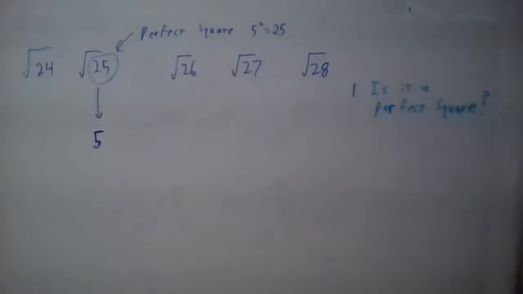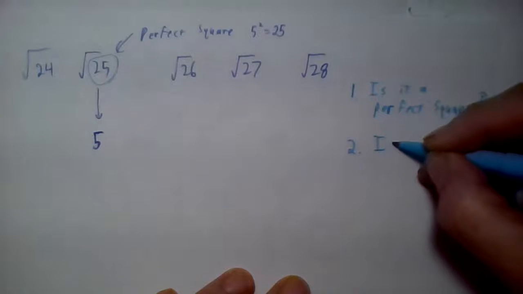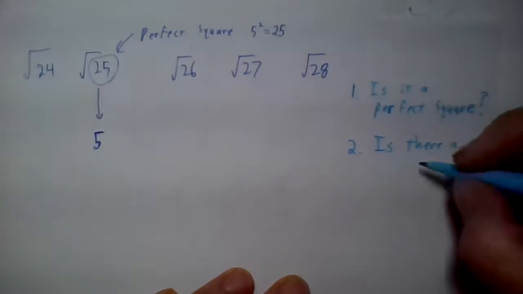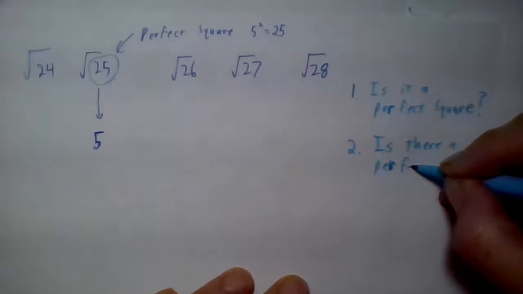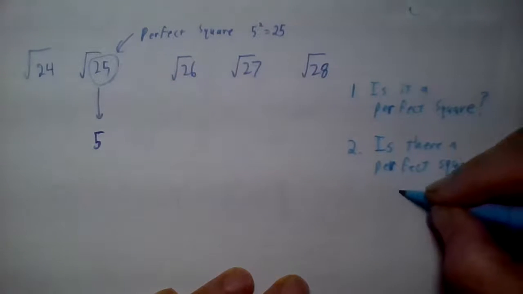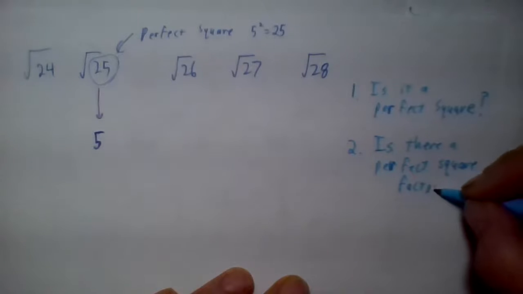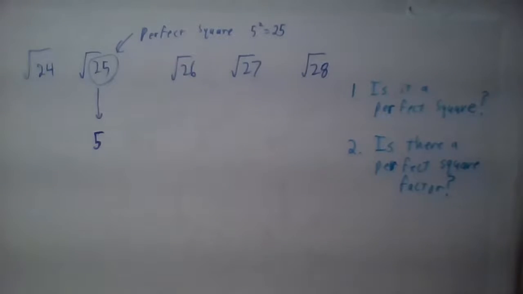So I'm gonna write down question number 2. We got to ask ourselves, is there a perfect square factor? So for these remaining ones, 24, 26, 27, 28, I have to think about the factors of those numbers, to see if there's any perfect square factors.